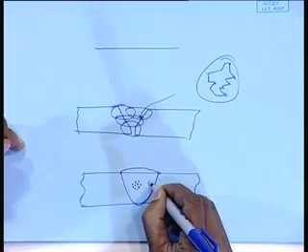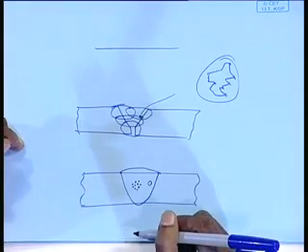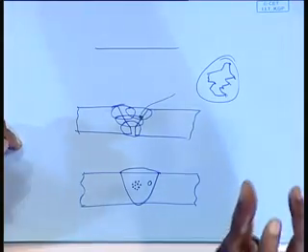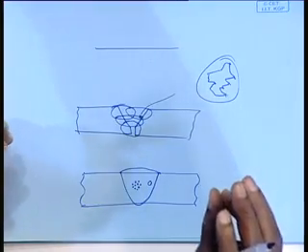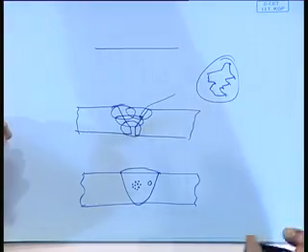That is the difference between blowhole and porosity. A blowhole is a void of bigger diameter, a gross entrapment of a gas bubble. Whereas porosity is a cluster of much finer, very small blowholes.